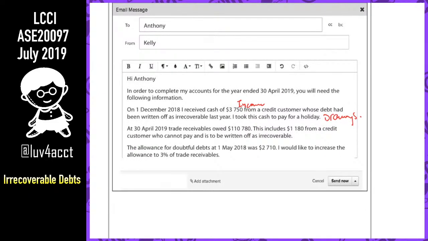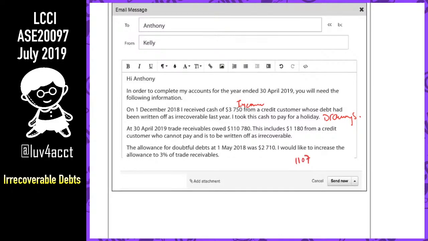So the current year allowance for doubtful debts would be 110780 minus 1180 first. So this is the net receivable, and then 3%. The balance should be 3288. Now let me calculate one more time to make sure I am correct.